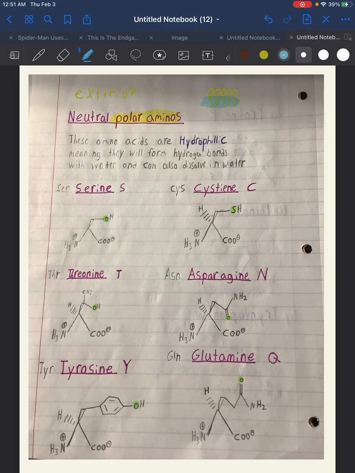These polar amino acids like to form hydrogen bonds with other polar amino acids. So let's say I have H2O present by serine. The oxygen on serine can form a hydrogen bond with the oxygen on H2O.